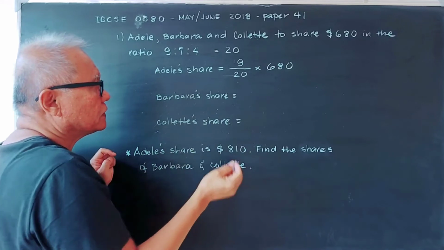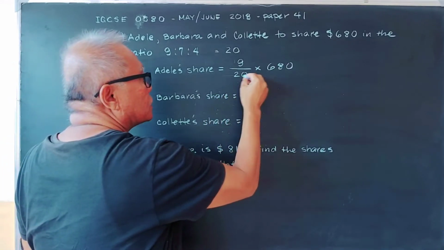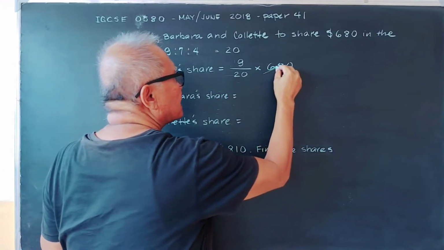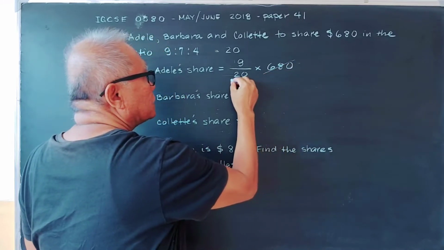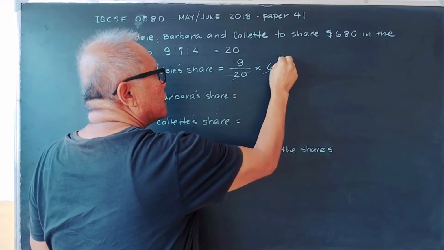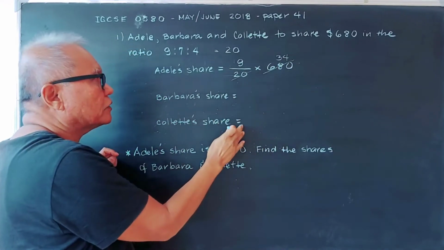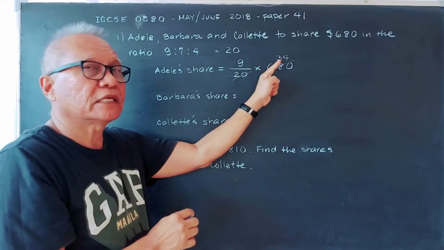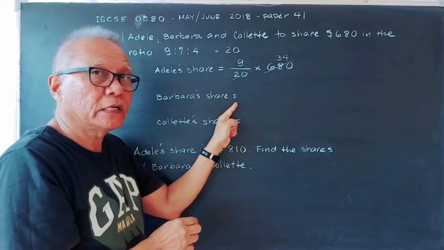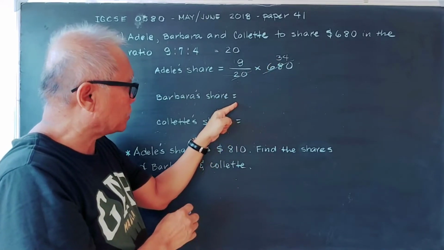It's very easy. It's better if we divide 680 by 20 first, so we have 34. For Barbara and Colette, we just multiply that 34 by their ratio.